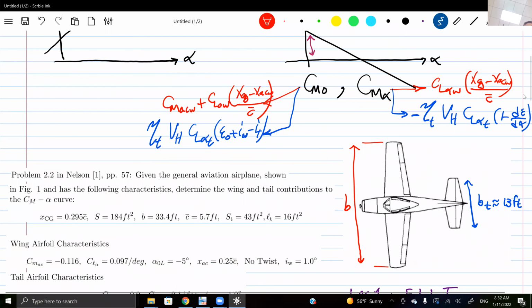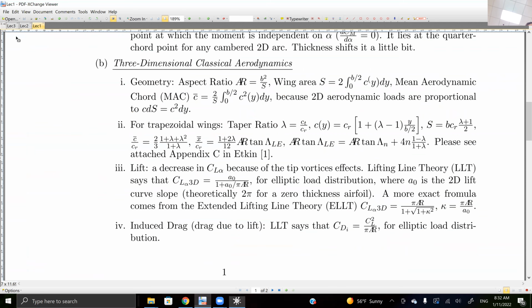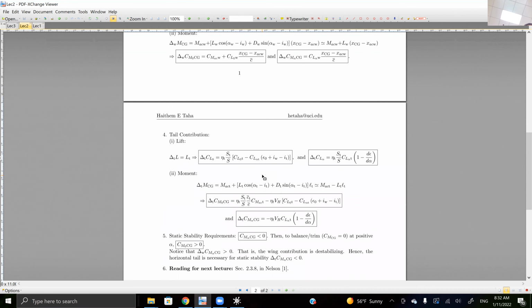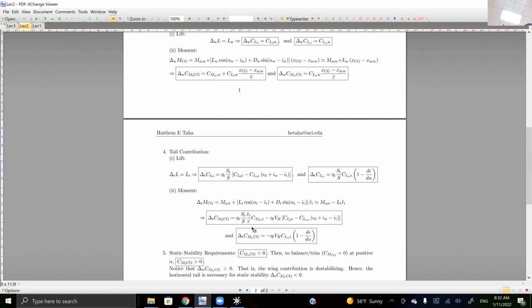Here it is. And all these equations are given just for you not to be intimidated. Here are these contributions: delta wing Cm naught, delta wing Cm alpha, delta tail Cm naught, delta tail Cm alpha. So you just copy them from your cheat sheet.